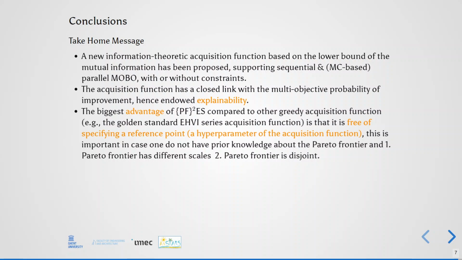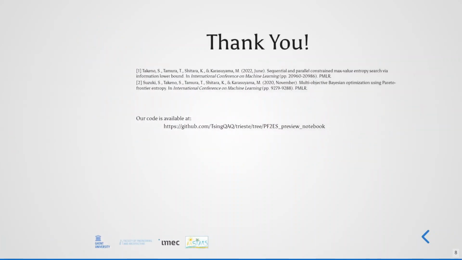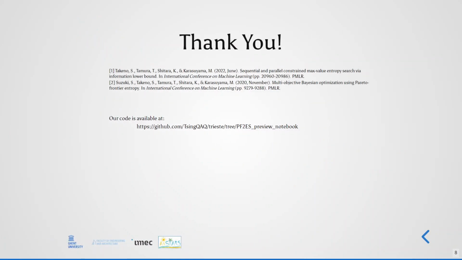And the biggest empirical advantage of PF2ES compared with, for instance, the gold standard EHVI is that it is free of specifying a reference point, which we argue is actually unknown in most real-life problems, and it affects the performance of multi-objective Bayesian optimization to a large extent, as we show in the empirical performance.